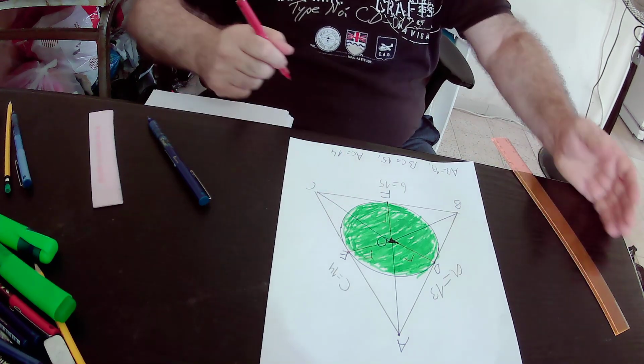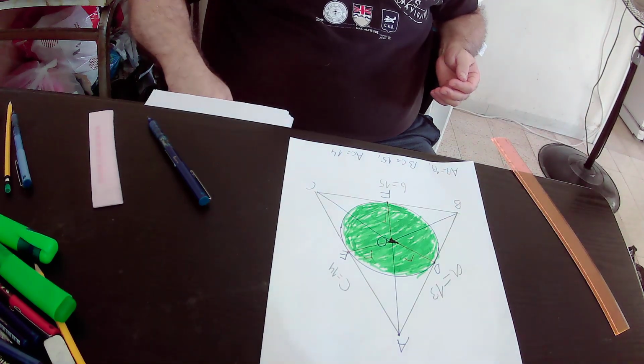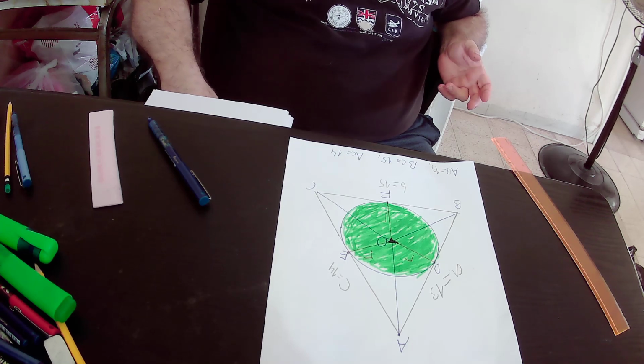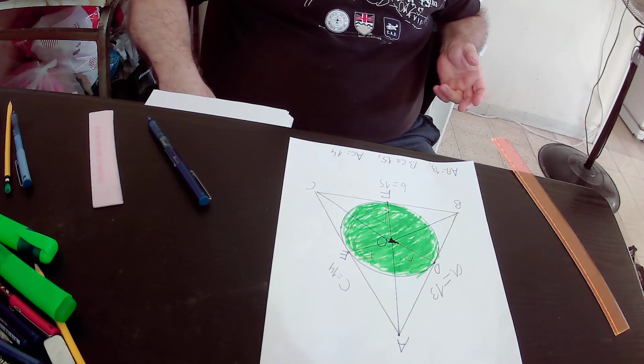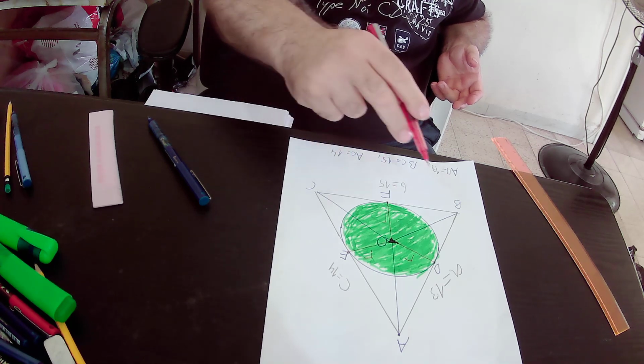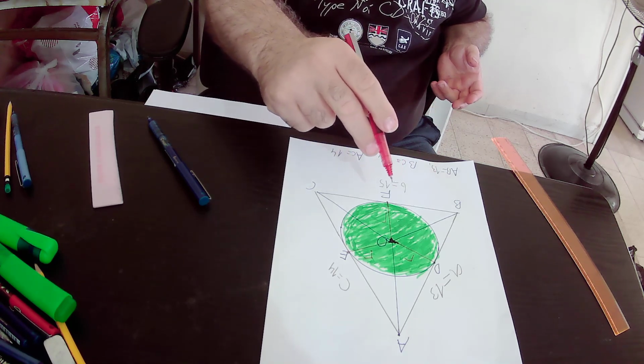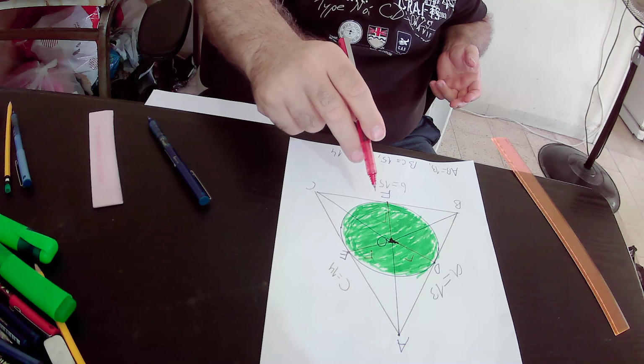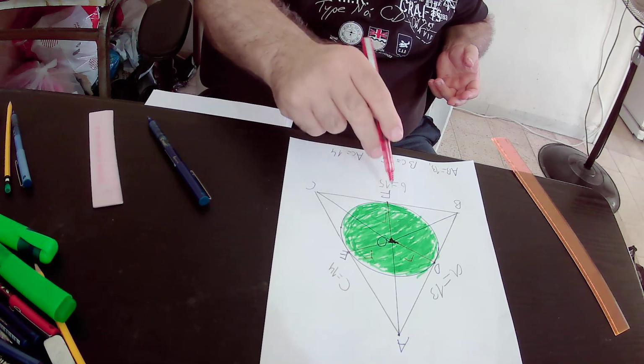So we drew three radiuses that start from the center and touch the launch points of the circle, points D, E, and F.